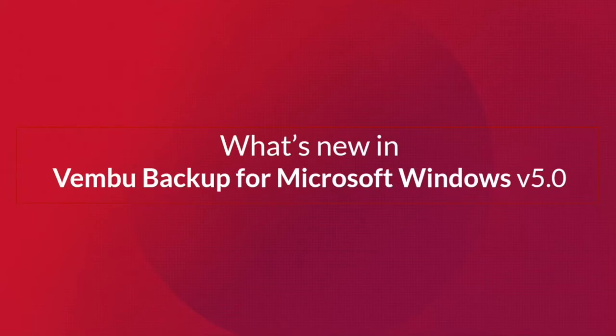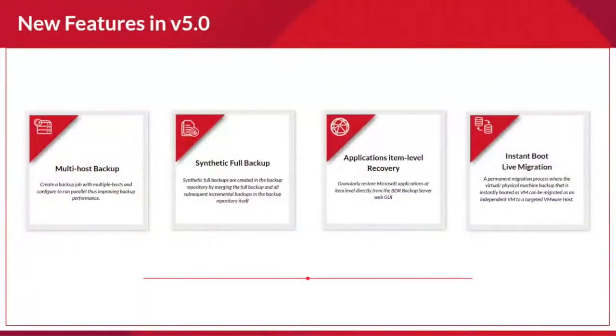So what is new apart from this in Microsoft Windows version 5.0 of Vembu Backup? We have some new features that have been incorporated. We have introduced something called multi-host backup. Within a single backup job, you can add any number of physical hosts and take a backup.